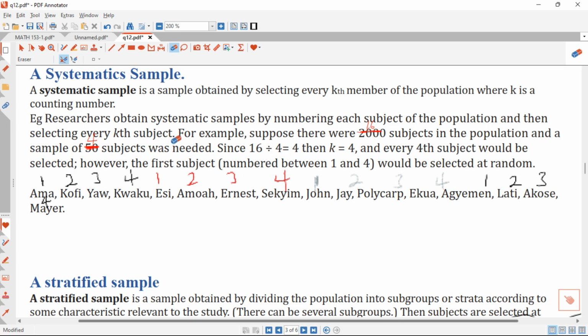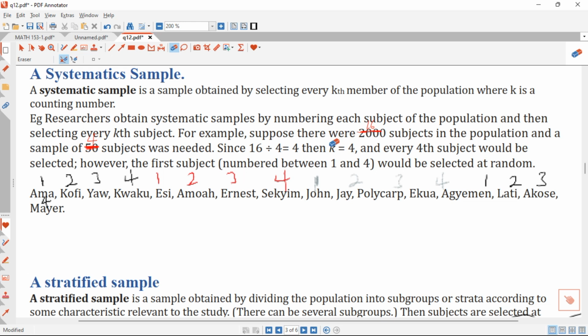Suppose there were 16 subjects in the population and a sample of 4 subjects was desired. You divide the population by the sample, 16 divided by 4, and you get 4. So our k is equal to 4.